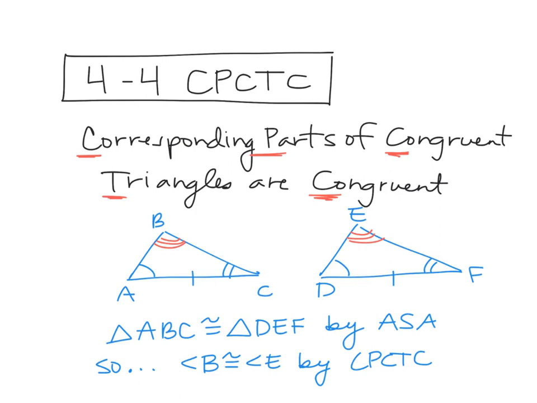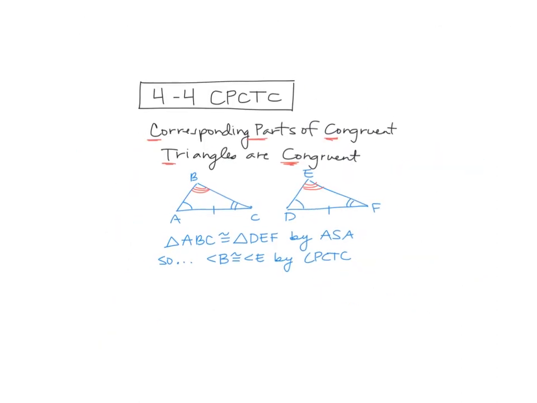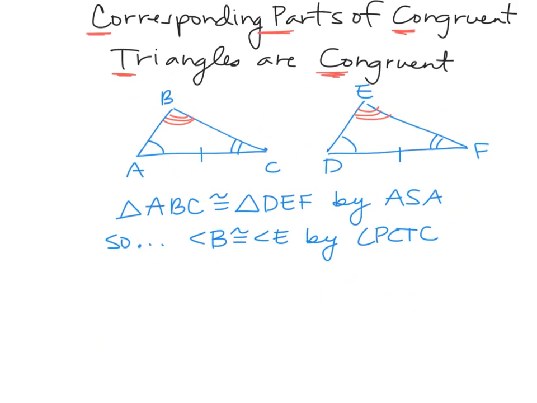We also could have said it by third angles theorem, but we could also say that AB is congruent to DE, right? Those ones aren't marked for us, but because we know the triangles are congruent, everything about them is congruent, so those are congruent by CPCTC. So it's taking it one step further, proving that the parts of the triangles are congruent once we've proved that the triangles themselves are congruent.